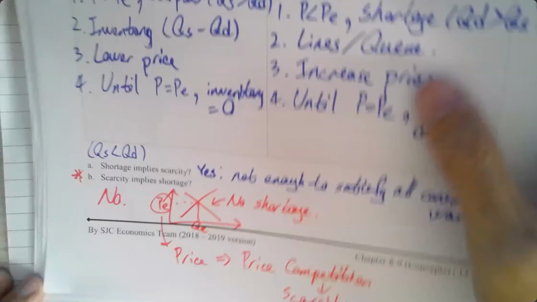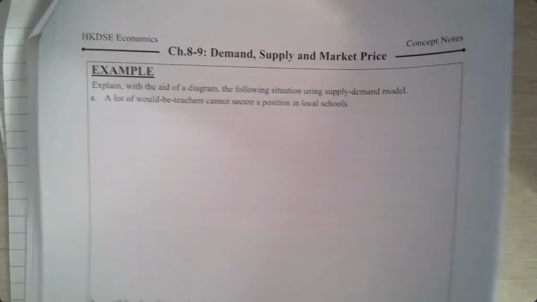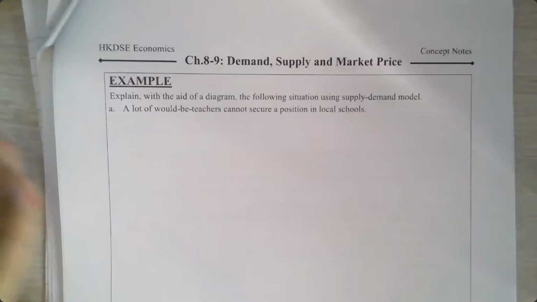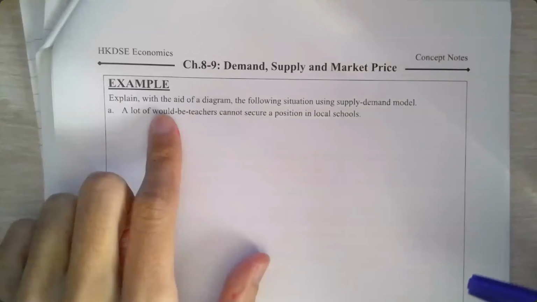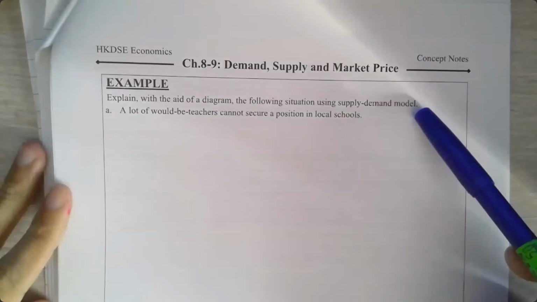Okay, now let us look at some past paper to conclude this video. Let's see how many past paper do we have. Actually, quite a lot. So brace yourself. 都幾長啊，要繼續留心啦。好嘛，Now we need to explain with the aid of the diagram the following situations using supply-demand model.